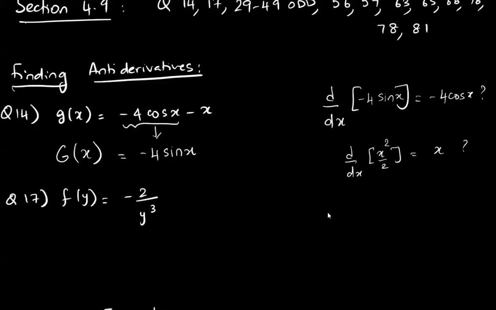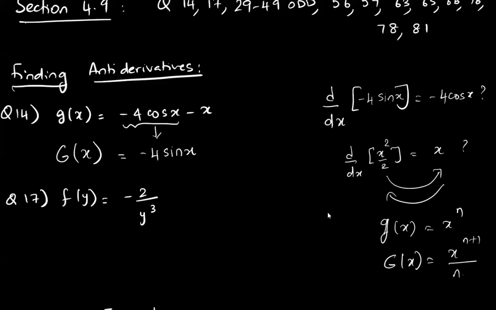The power rule says basically, this process is the derivative, and when you work backwards, what you get is the antiderivative. So the power rule is that if you're taking the antiderivative, for example, if your g of x is a power function like so, and you want to take the antiderivative of that, then the rule is that you add 1 to the power and then you divide by the new power.